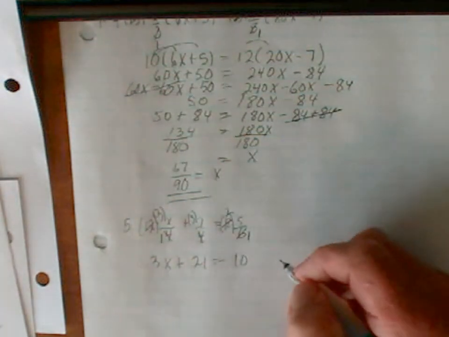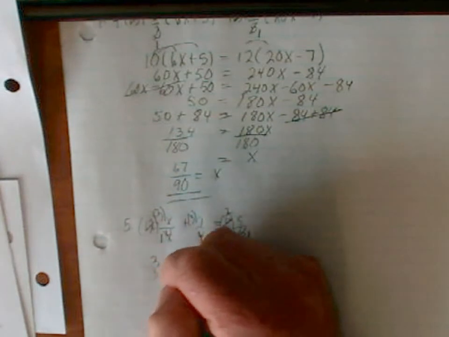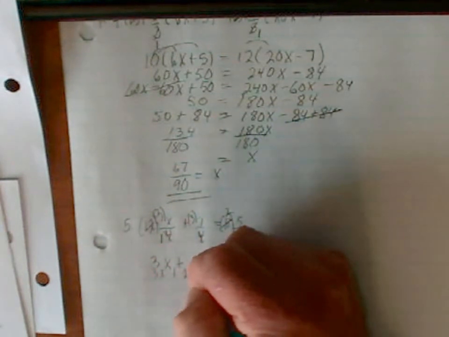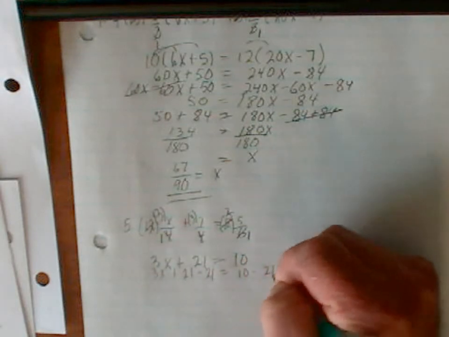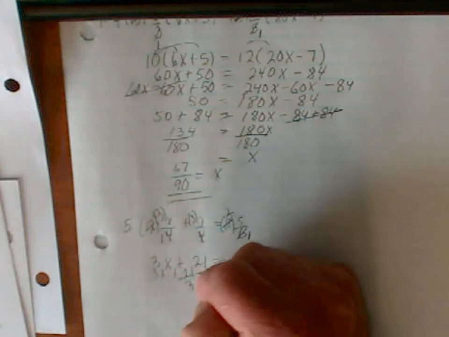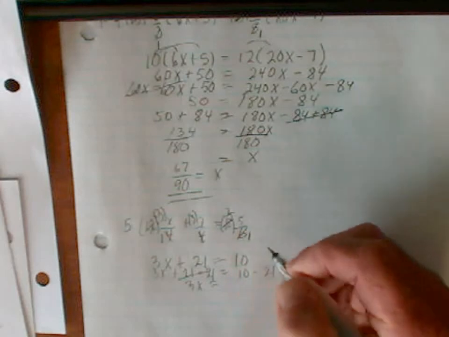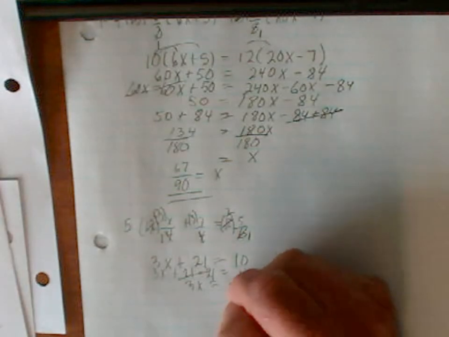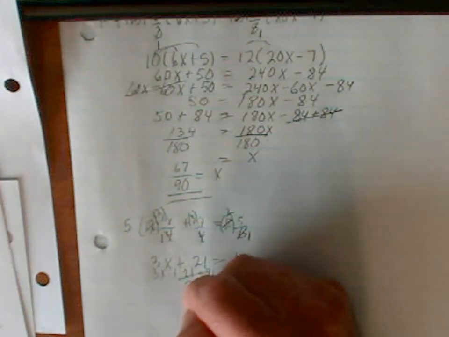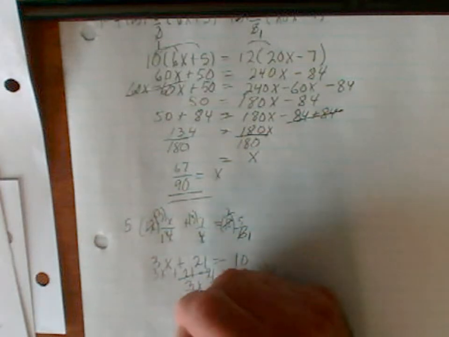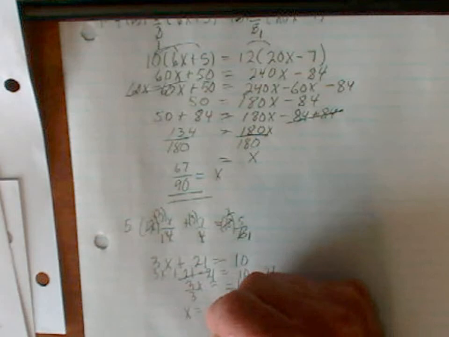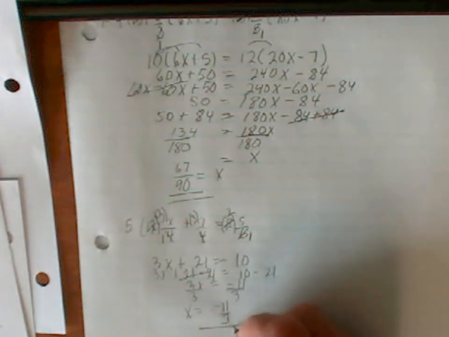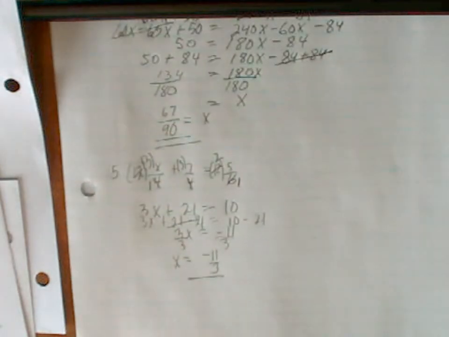I would move the 21 over by subtracting 21. It's gone. 3x is equal to negative 11. Divide both sides by 3. X is equal to negative 11 over 3. That's your answer.